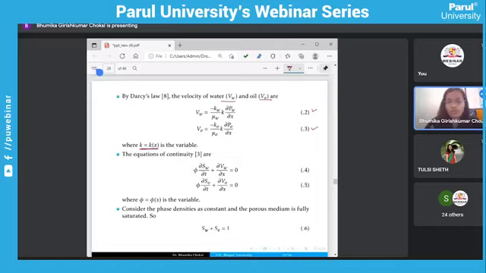Then the equation of continuity: we know that inflow is the same as outflow. By that you will get equations 4 and 5 for water and oil. And again here phi is the porosity, and for a heterogeneous porous medium it is also a variable, so we are considering phi of x.